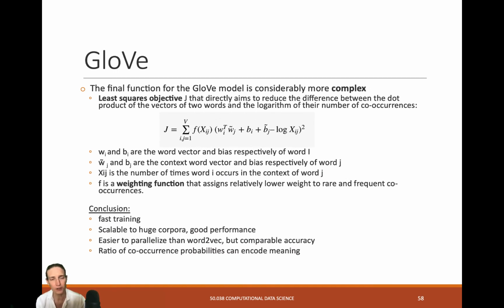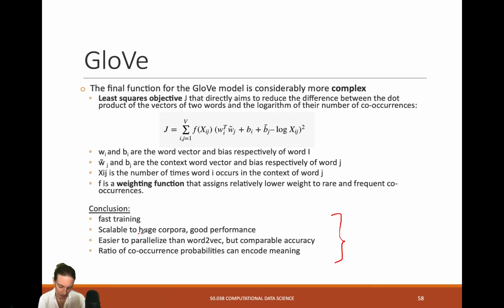So the final function to train the GloVe model is considerably more complex because it's a least mean squares optimization that aims to directly reduce the difference between the dot product of the vectors of two words and the logarithm of their number of co-occurrences. Okay. I don't need you to know the mathematical details of this model, but it is important to know that GloVe has a fairly fast training.